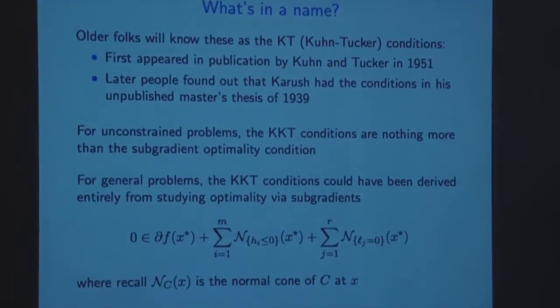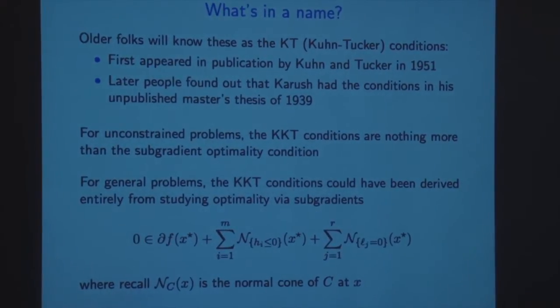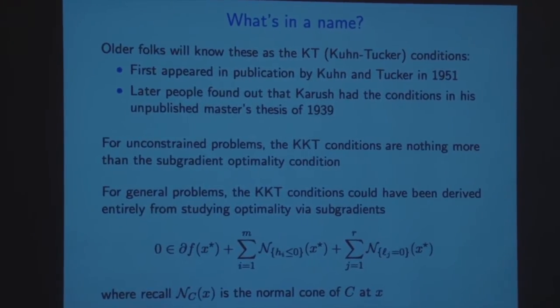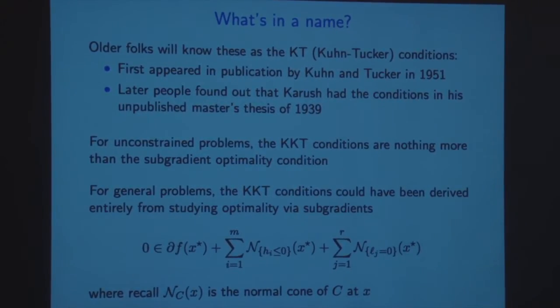Okay, so here's just a bit of interesting history. If you look at old enough textbooks, like, for example, the Rockafellar textbook, then these will be known as the Kuhn-Tucker conditions. Because Kuhn and Tucker, they're two very famous convex analysts. They published these conditions in 1951. And so for a long time, I think until at least the 70s or 80s, it was just known as the Kuhn-Tucker conditions.